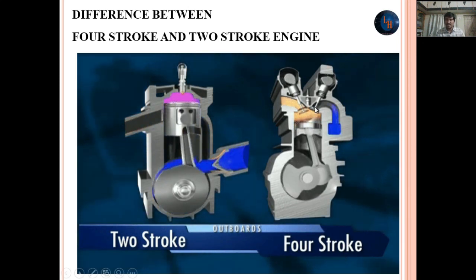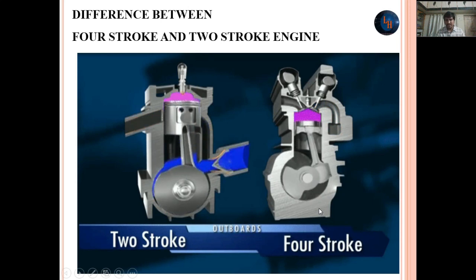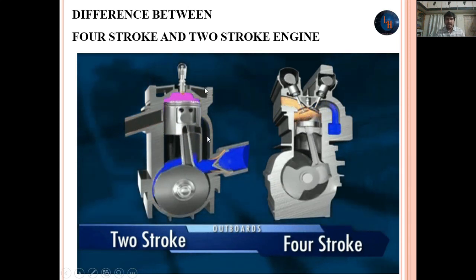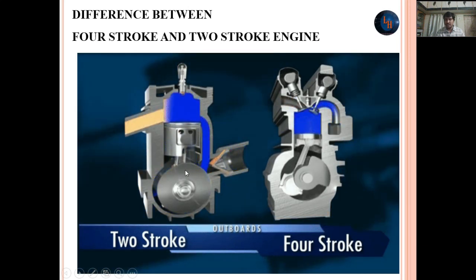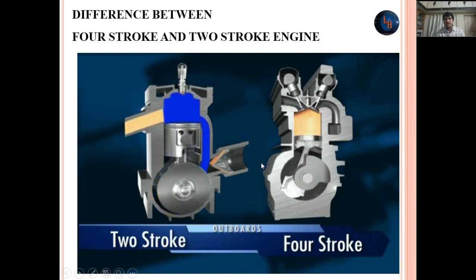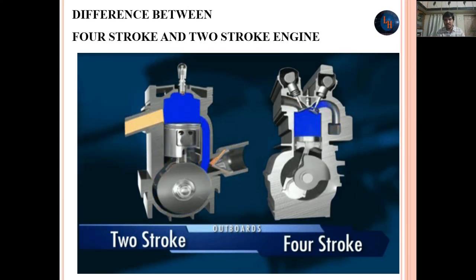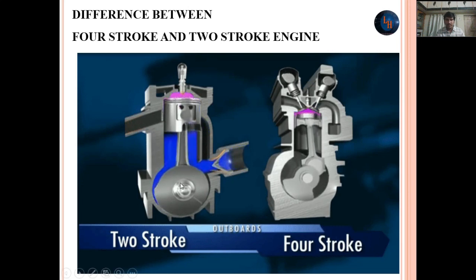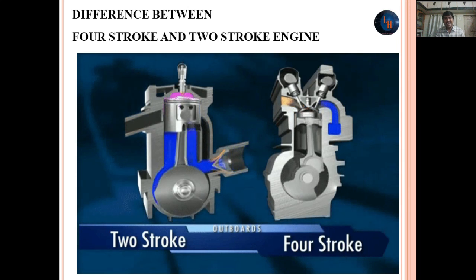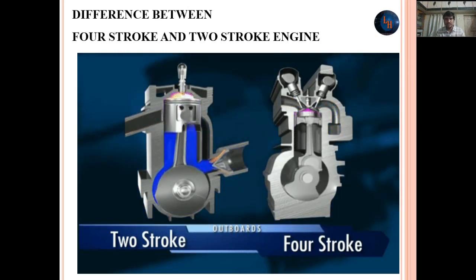In the four-stroke engine, power is generated at every alternate revolution of the crankshaft, while in the two-stroke engine we get power every crank revolution. For this reason, a heavy flywheel is required in the four-stroke petrol engine, while the flywheel required is lighter in the two-stroke engine.